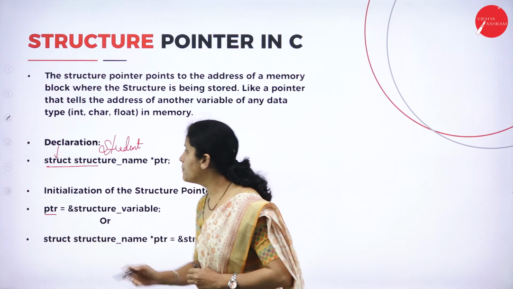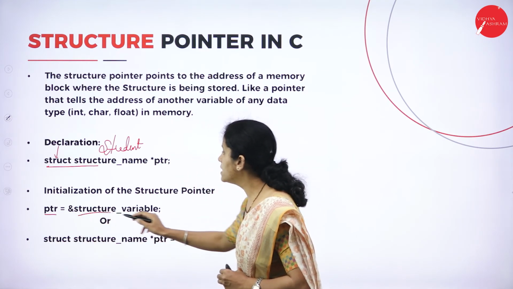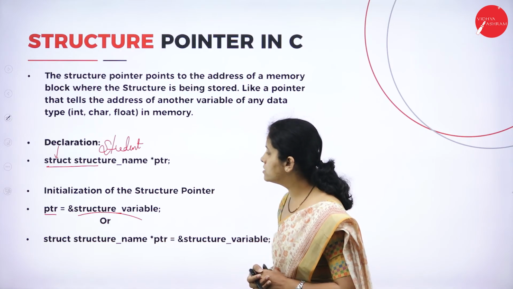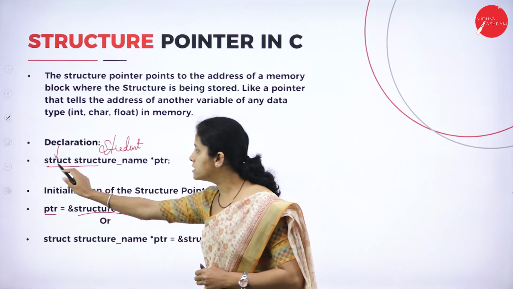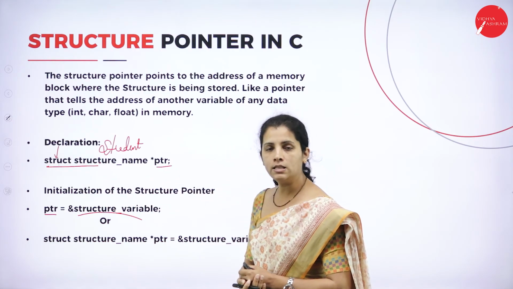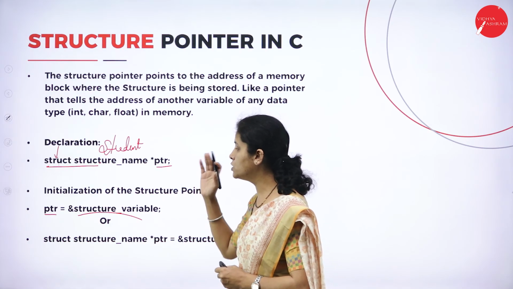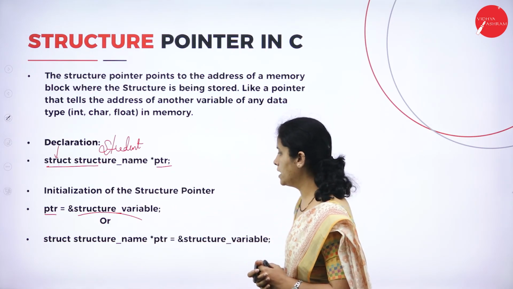Now, see, I'm going to assign the address of the structure variable. So, first I want to use the struct keyword, structure name, and create the pointer. Once I'm done with the pointer, I just want to assign the address of the structure variable.